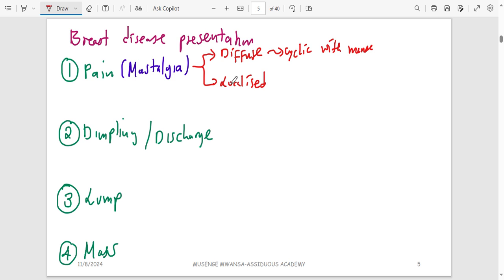And then for the localized pain, this kind of pain is not cyclic. It doesn't happen with the menses. It can happen anyhow. One thing that we need to know is that almost all pain that is felt in the breast is mostly benign.